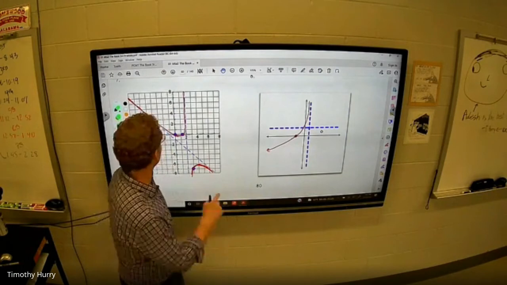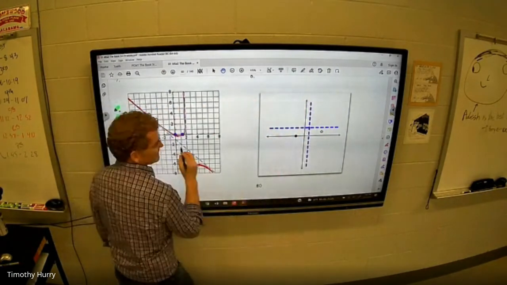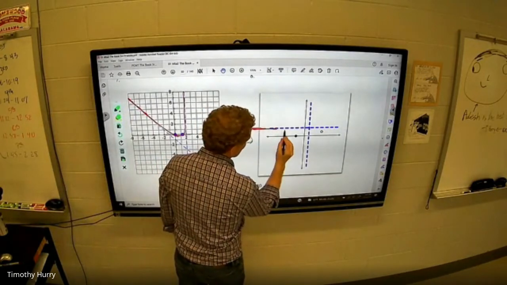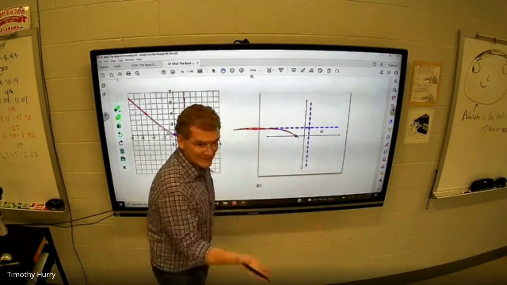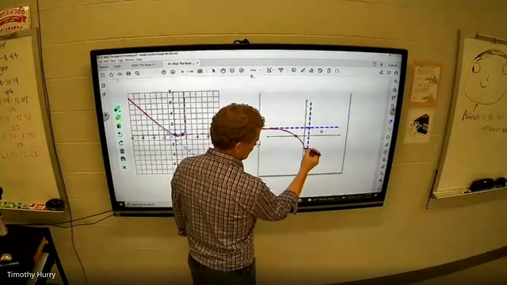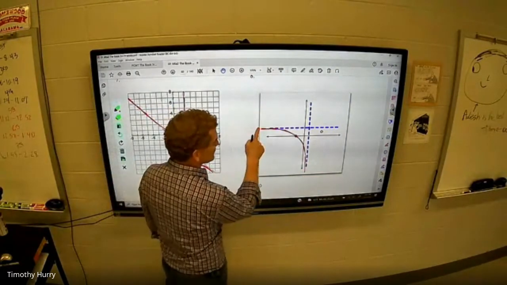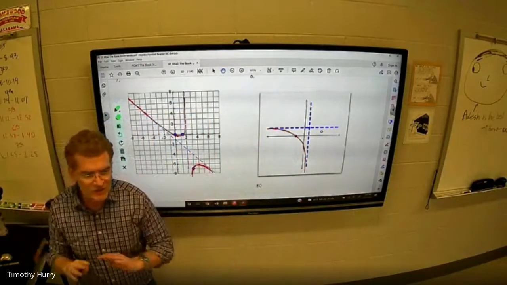But if you would have taken my advice and said, hey, I'm coming in from here, what are my options? I've got to hit that point, and once I go through that point, it's pretty clear, right? I'm going to just keep going and follow that VA. So what ended up seeming tricky if I came in from the inside, if you just come in from the outside on both, you're going to be fine.